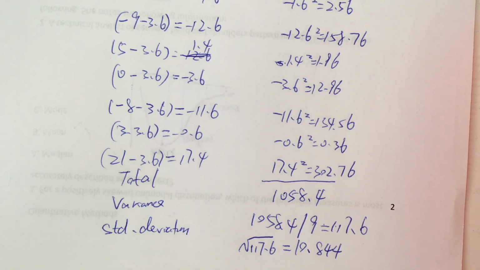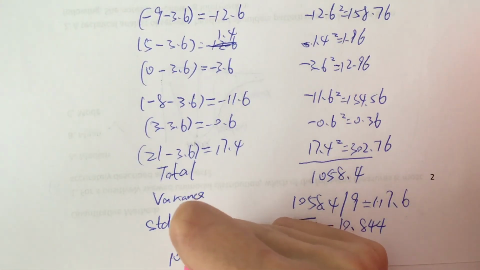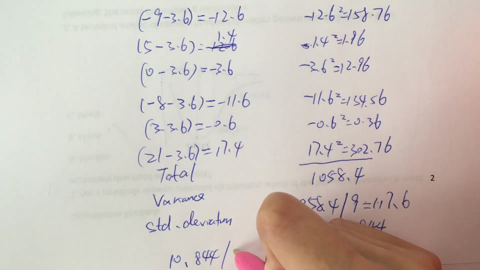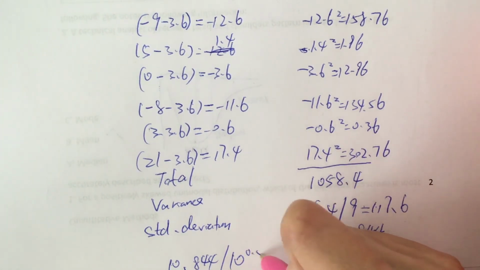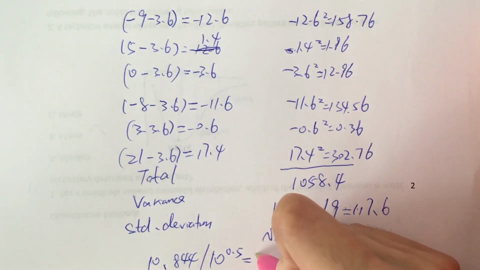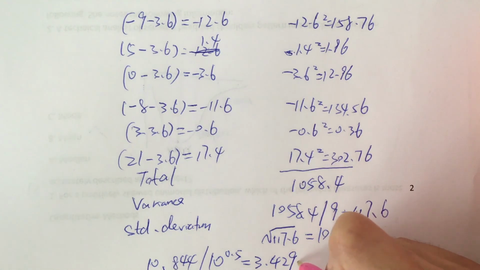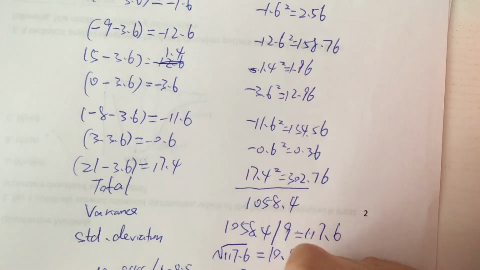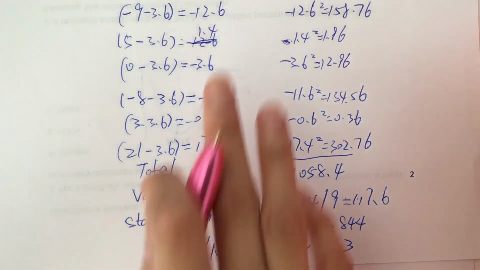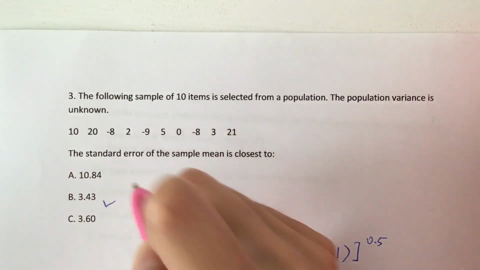So the standard error of the sample mean is therefore 10.844 divided by the square root of 10, and we get 3.429, which approximates to 3.43. So the correct answer is B.